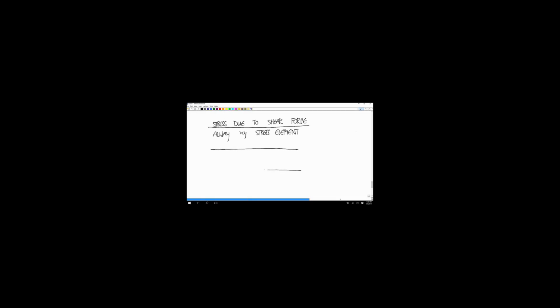Let's say we're looking at a beam from the side, and this is the X location where we're trying to see what's going on.